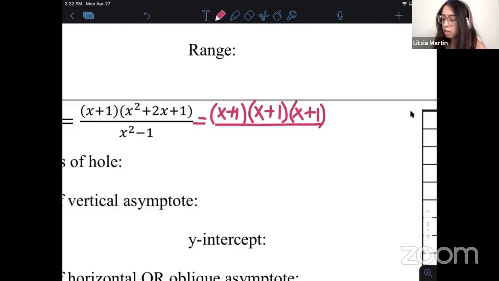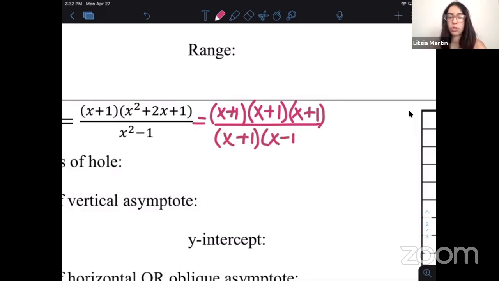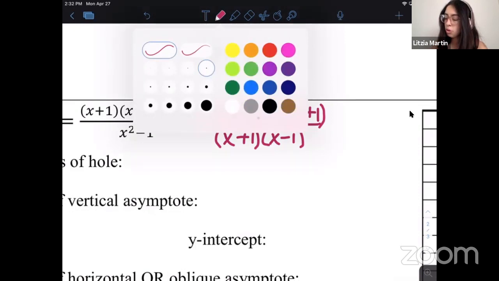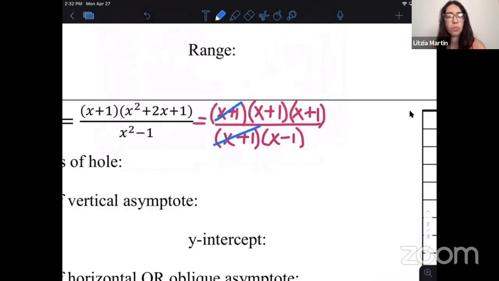And the denominator is the difference of 2 squares. So it's x plus 1 times x minus 1. And what we want to do is find the hole. So I'm going to cancel out just one of those x plus 1s. And that'll leave me with x plus 1 times x plus 1 over x minus 1.